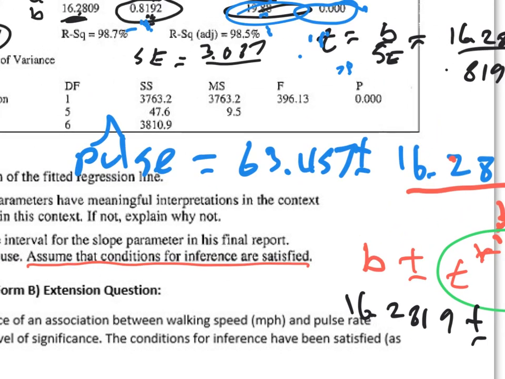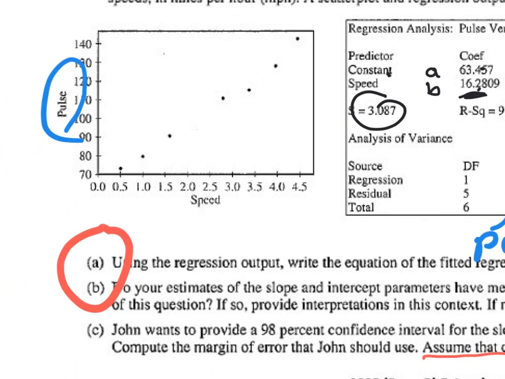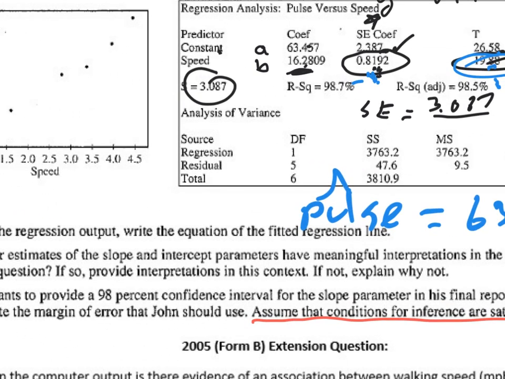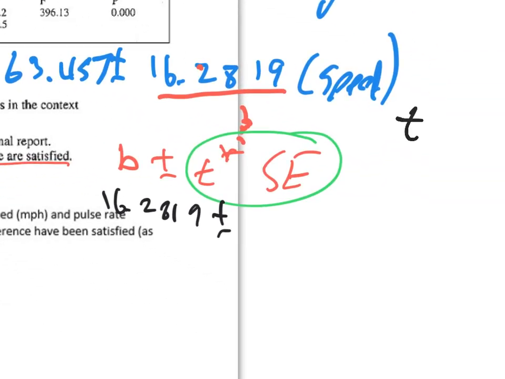And let's see, degrees of freedom. How many data points did he have? Count them. 1, 2, 3, 4, 5, 6, 7. What's my degrees of freedom? 6. It's minus 2. Degrees of freedom is 5. And he said 98%.